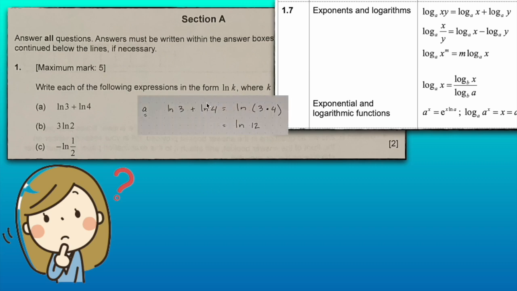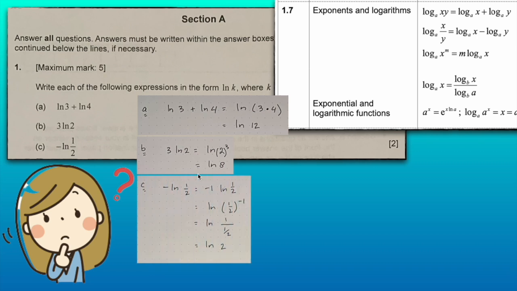For 1A, ln 3 plus ln 4 is equal to ln 3 multiplied by 4, that's equal to ln 12. And 1B, we have 3 ln 2, we bring this 3 back to here, that becomes ln 2 to the power of 3, which is equal to ln 8.